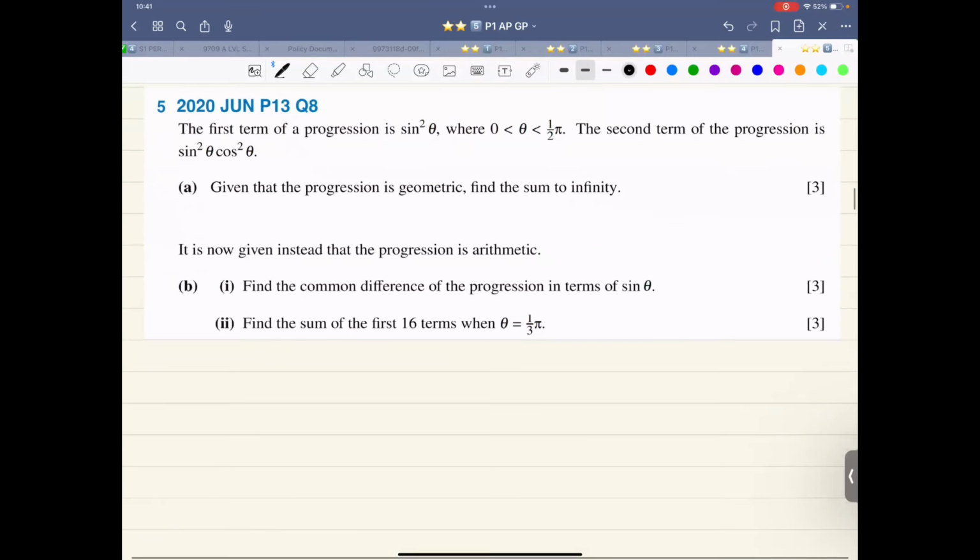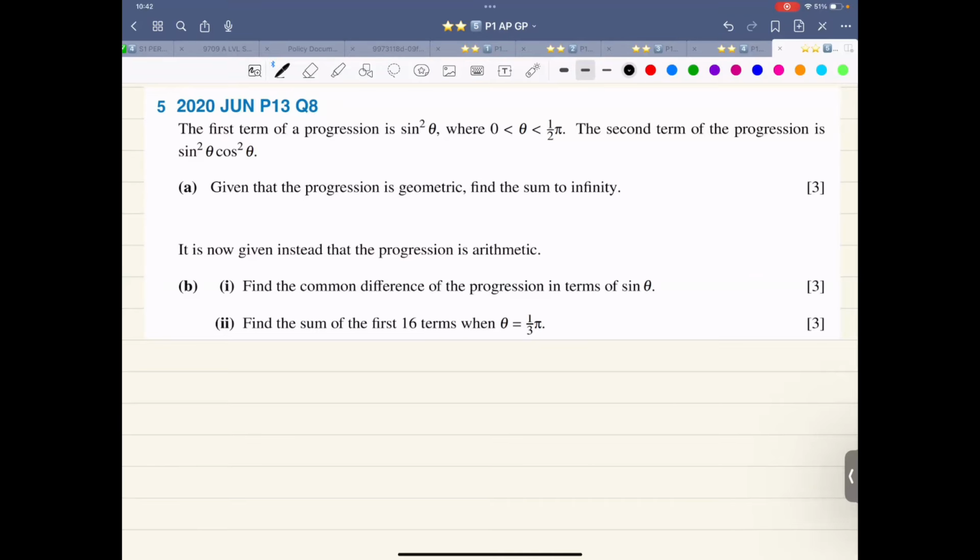Another question, trigonometry with APGP. Read the first question. The first term of the progression is sine squared theta. Theta lies between 0 and pi by 2. The second term of the progression is this thing.